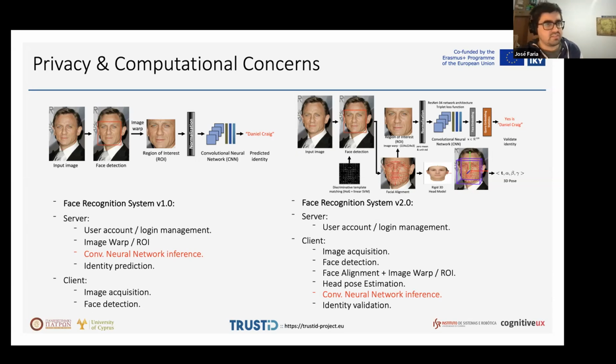So instead of taking 200 milliseconds to process an image, we can have almost real-time face detection and verification, which is really cool.